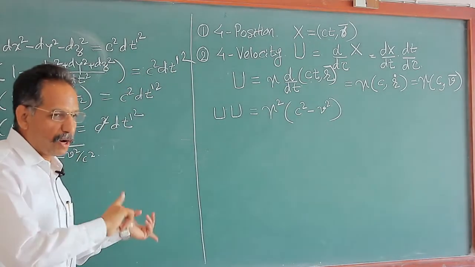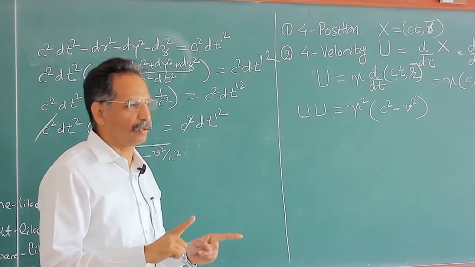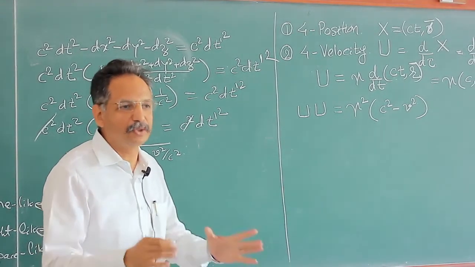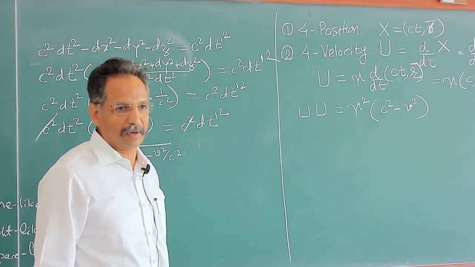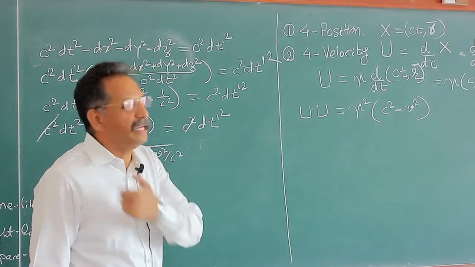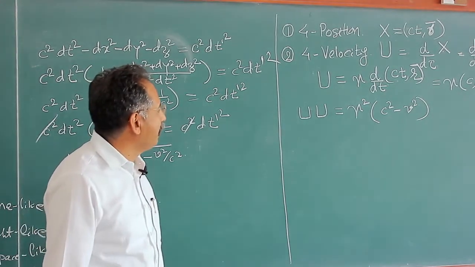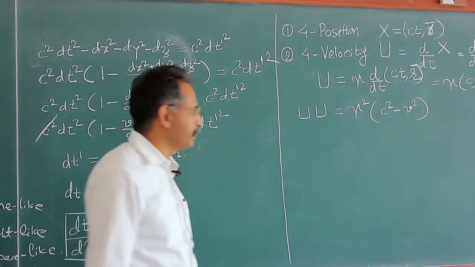So the inner product of two 4 vectors leads to a scalar quantity. And this scalar quantity is invariant, as we have seen in the case of x. Let us see in the case of u what happens.